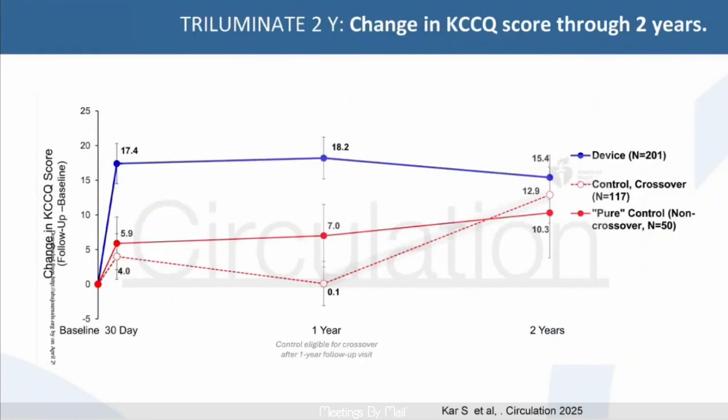And also here it's pretty interesting that it shows that those who went into crossover, so the red ones, control going into crossover, were the ones that at 1 year had the worst quality of life, and they recovered quality of life after the procedure. So these are signals, again, somehow poisoned by the fact that these are open label trials. They're not sham controlled. So there might be some bias due to the placebo effect.